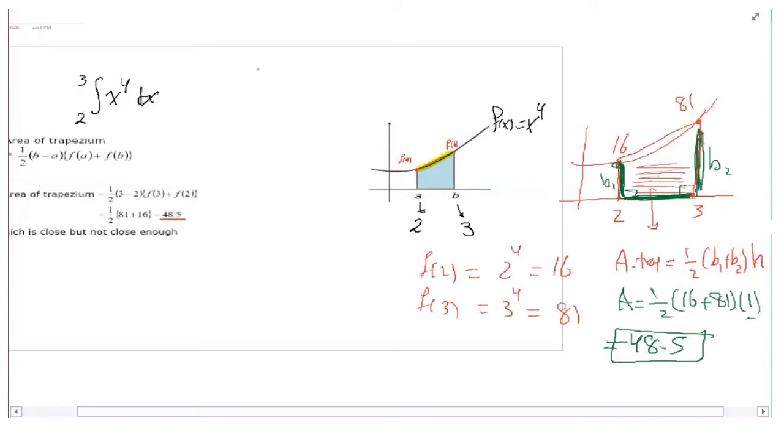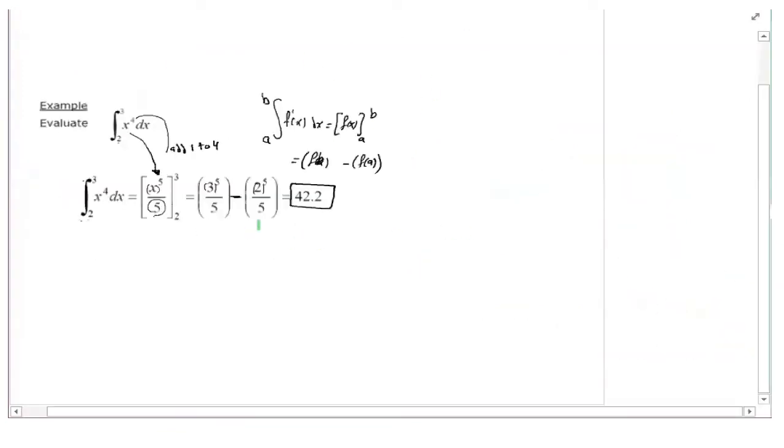So the area, by using the trapezium rule for this function, as I divided it into one trapezium, is 48.5. Look, we said a few minutes ago that the exact value of the area below the curve is 42.2.